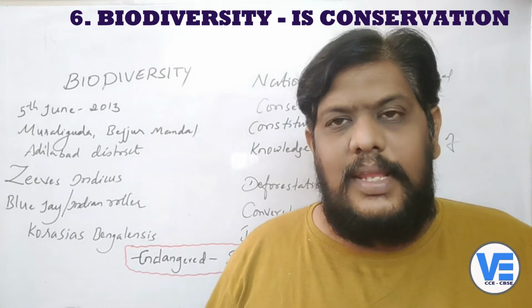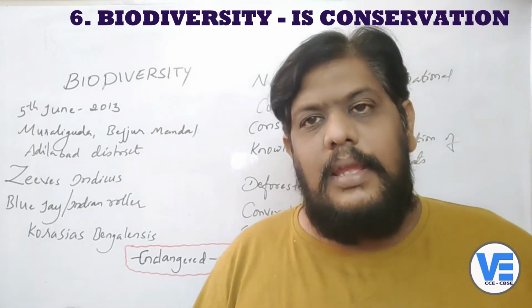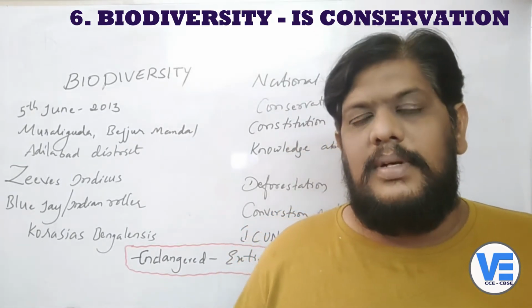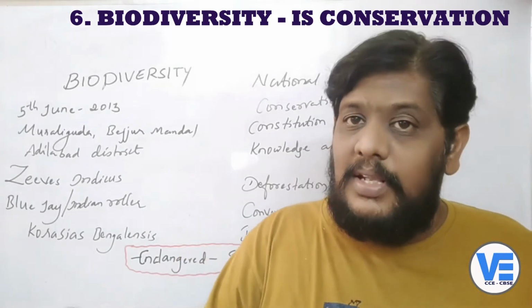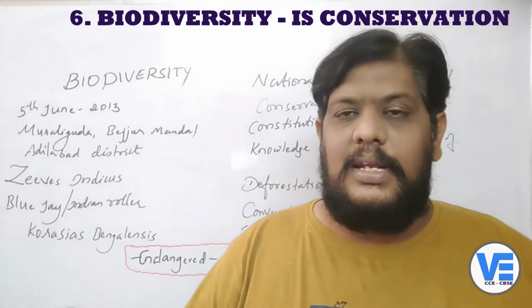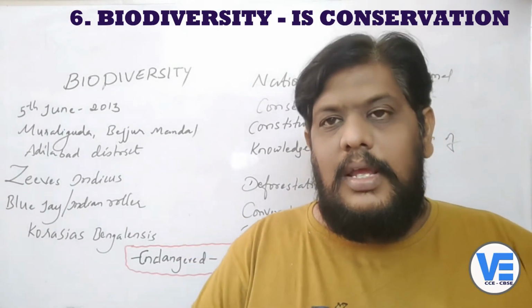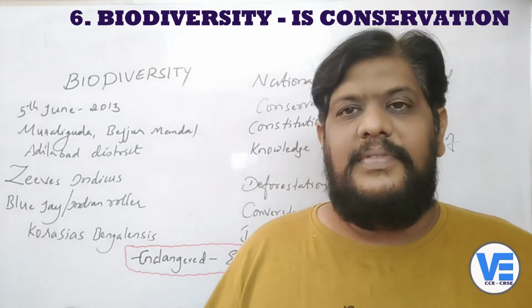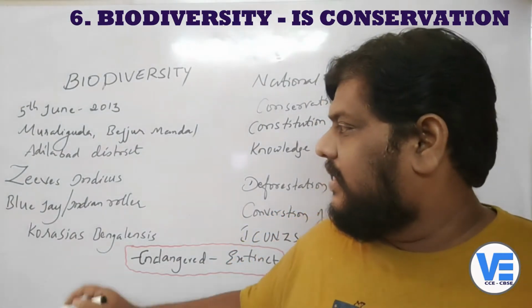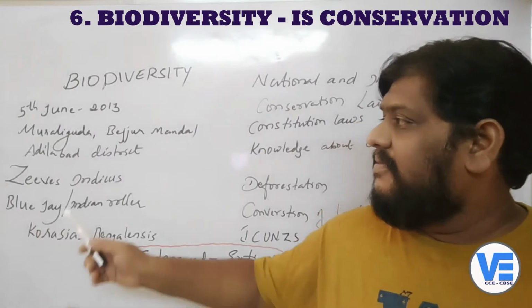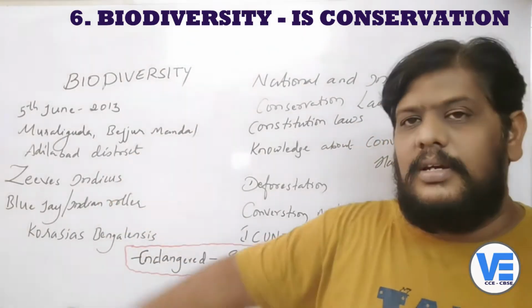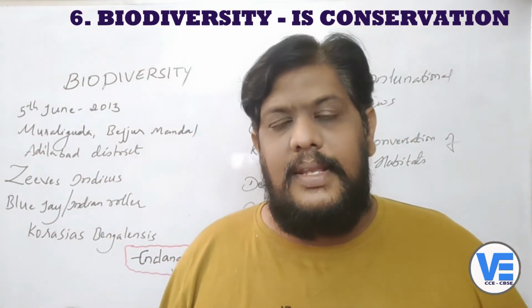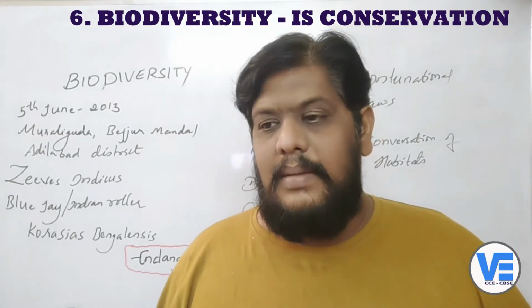We don't see them anymore. Those animals which lived on the earth but have completely disappeared are called extinct animals. In the same way, this vulture was also kept in the list of the extinct animals.